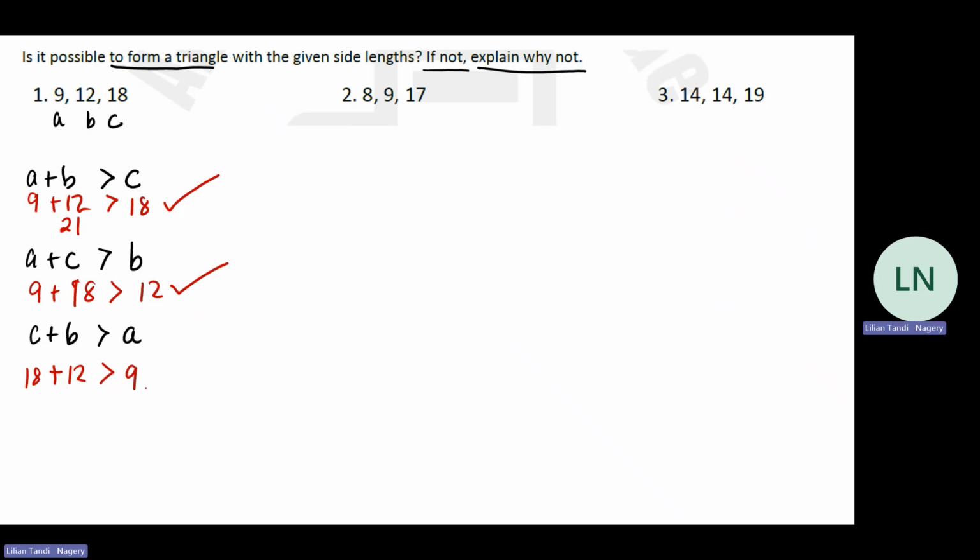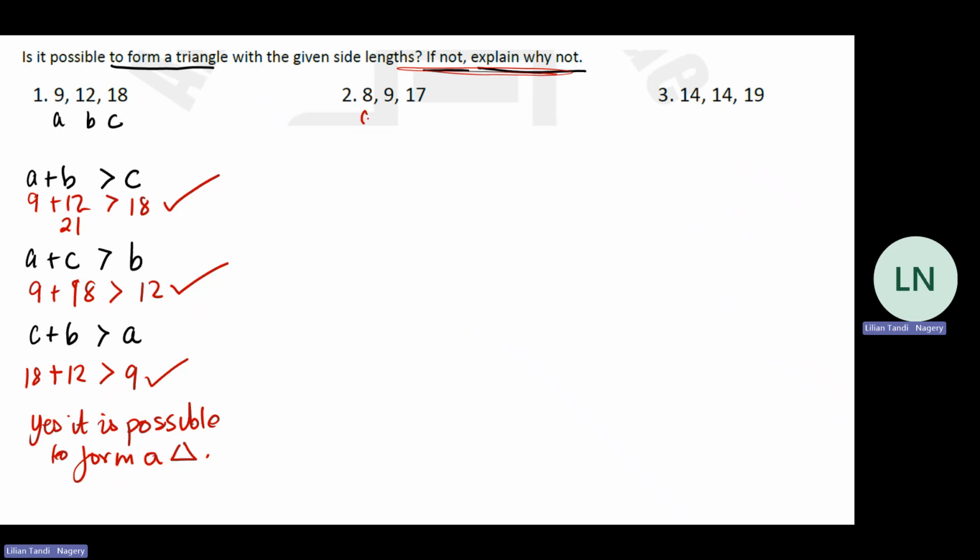Already 12 is greater than 9 and 18 is greater than 9. So therefore, if I add this, I should get greater than 9. So is it possible to form a triangle? Yes, it is possible to form a triangle. They did not tell me to explain when I say yes. They only told me to explain when I say no.